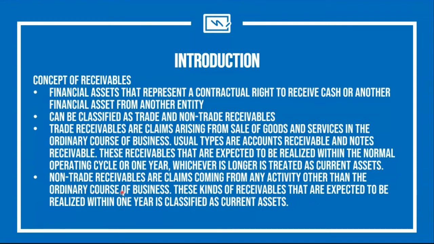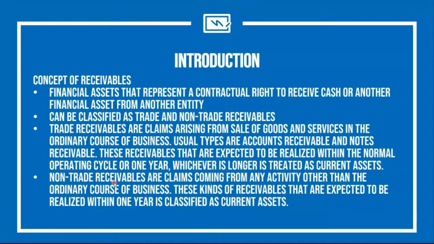However, for non-trade receivables, meaning ang non-trade receivables, lahat na yan nang naiwan. Okay? Naiwan na receivables other than those that are from the ordinary course of business. So, ibig sabihin yun yung mga naiwan. Ang reckoning point natin or ang decision guide natin dyan para malaman kung current or non-current siya, yung 1 year period lang. Because the operating cycle is irrelevant in this case kasi hindi nga siya trade receivable.